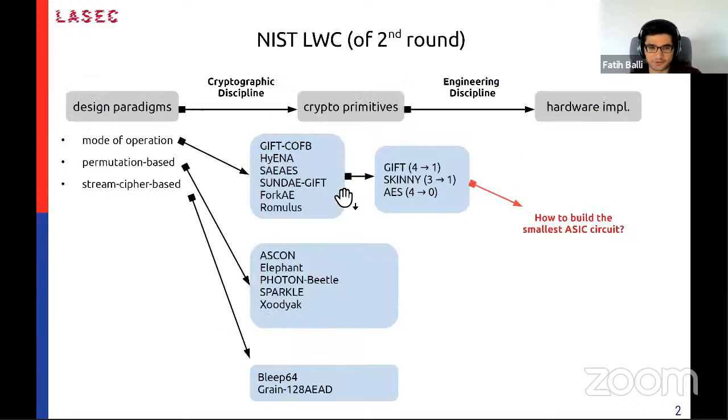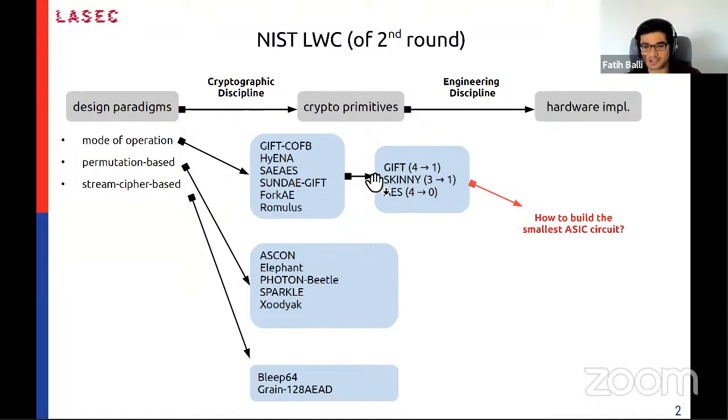Right now we are at the final round of the NIST LWC, but at the time of writing this paper, we had to look from the second round. If you go back to the snapshot from the second round, what we see is that a number of authenticated encryption candidates depend on the mode of operation type of design, which means that the efficiency of this authenticated encryption boils down to the choice and the implementation of the block cipher.